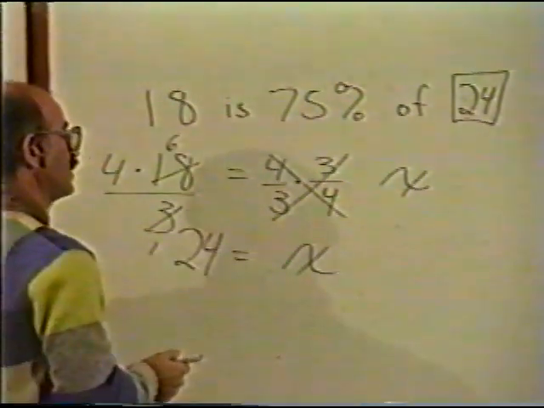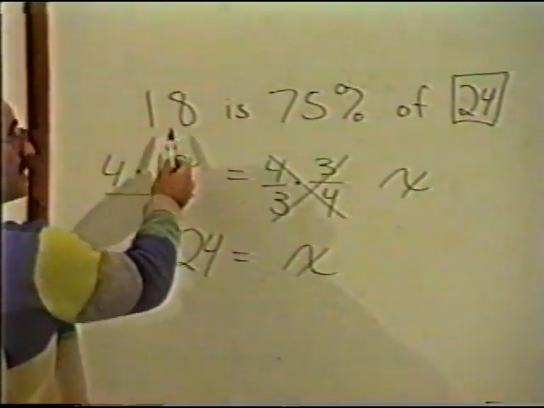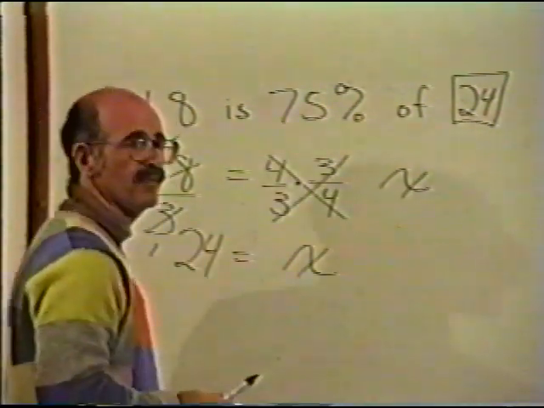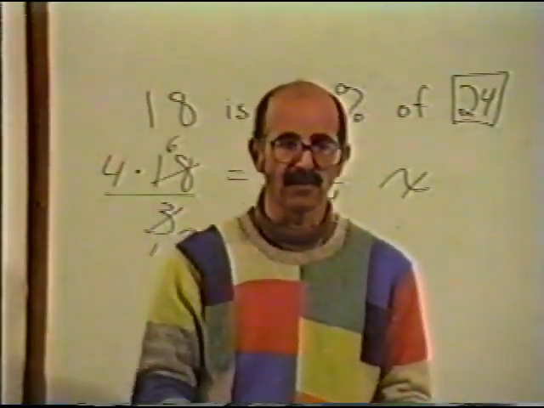And that makes sense because 18 is a fairly large chunk of 24, and 75% is a fairly large chunk.